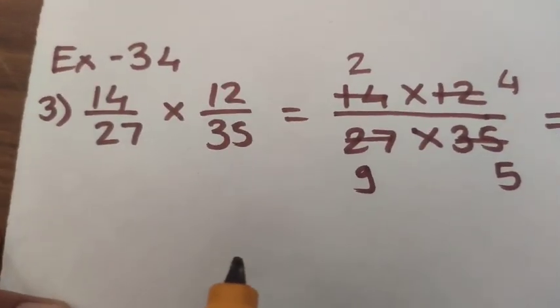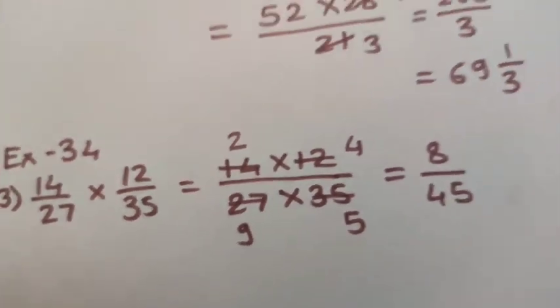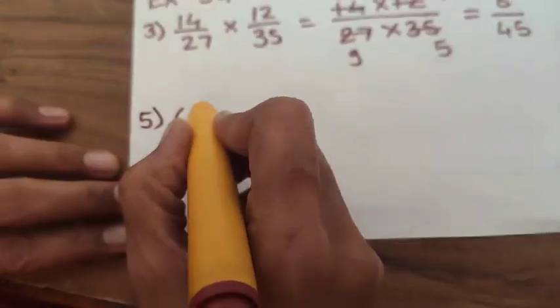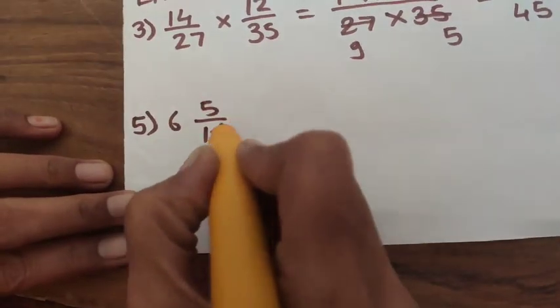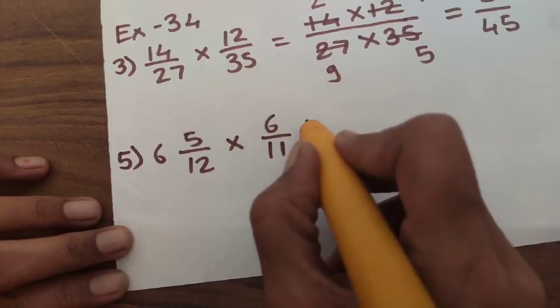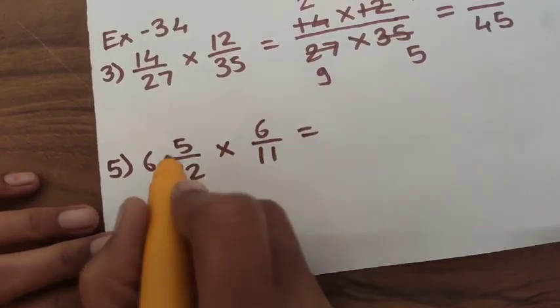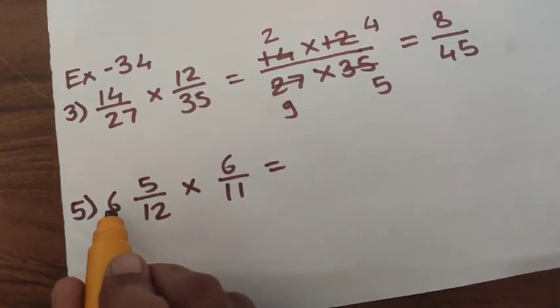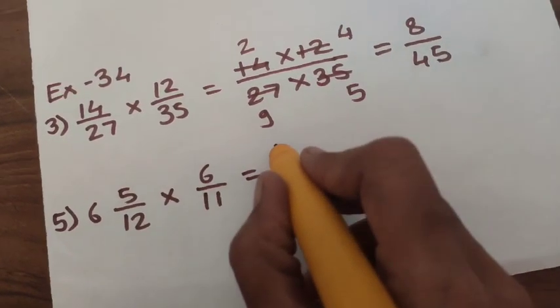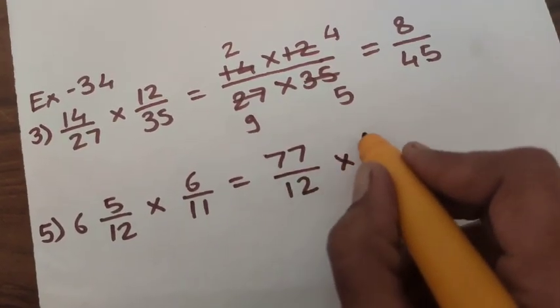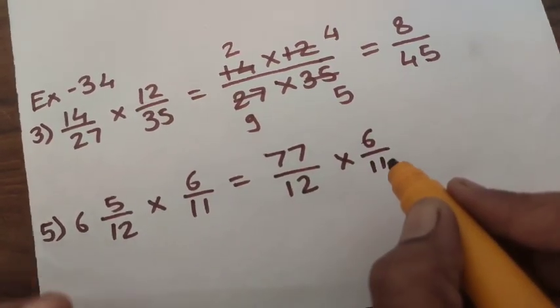Now next question I am solving. Fifth question. See, 6 integer 5 by 12 multiplied by 6 upon 11. Now this mixed fraction you have to convert first, that is 12 6s are 72 plus 5, 77 upon 12, into 6 by 11.